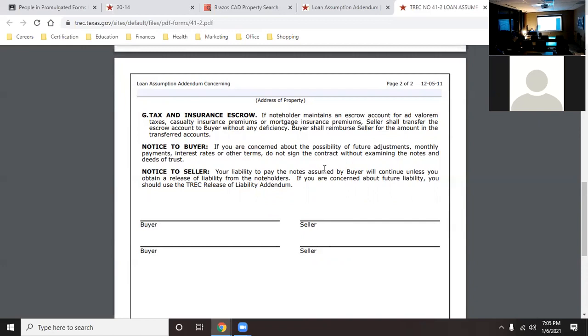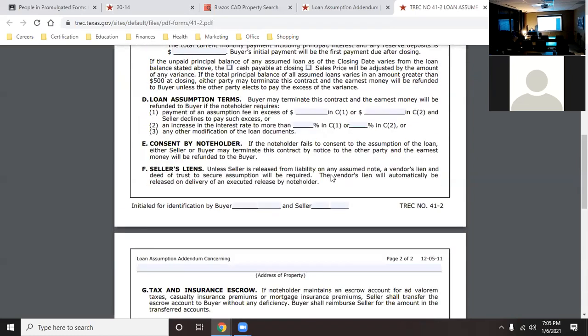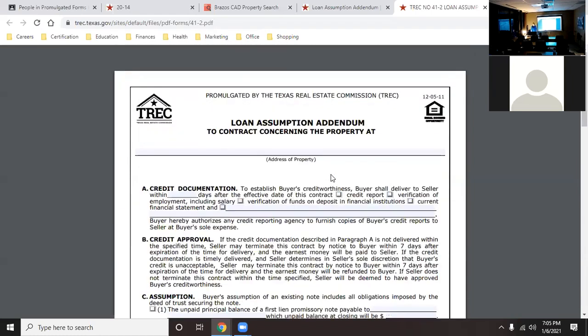And then you have your two notices, one to the buyer, one to the seller. I will explain something on this form. Like I said, it's only utilized in very few cases. If you're going to do a loan assumption, you've got to make certain that you advise your client to probably have an attorney review this form.